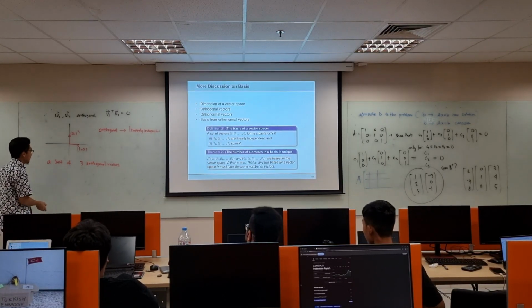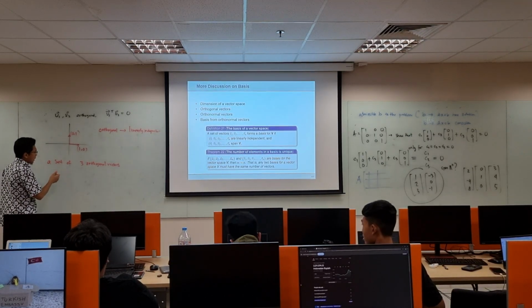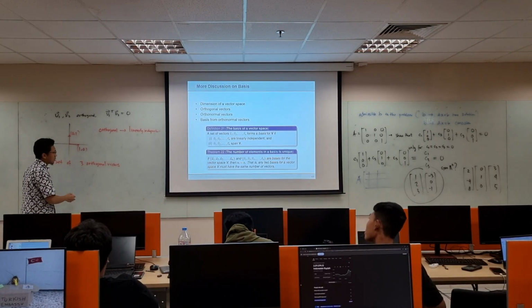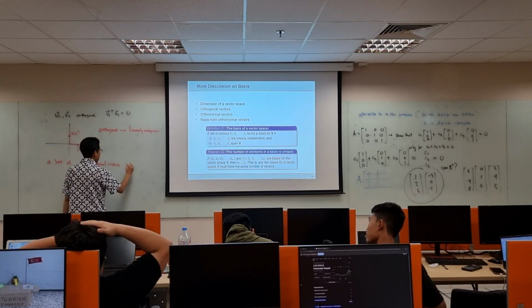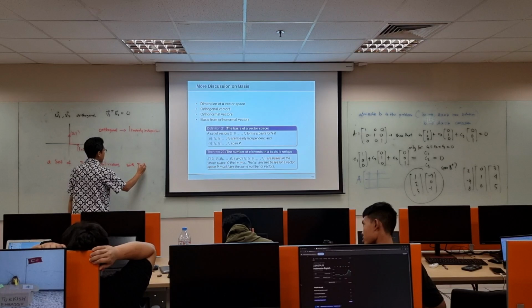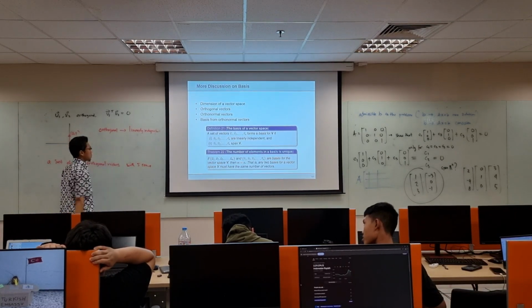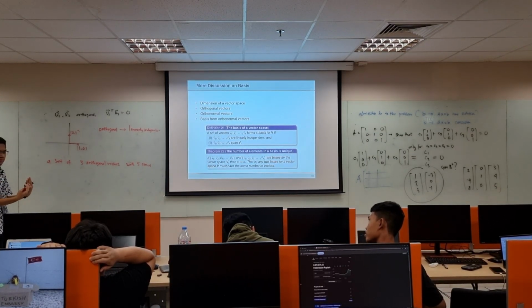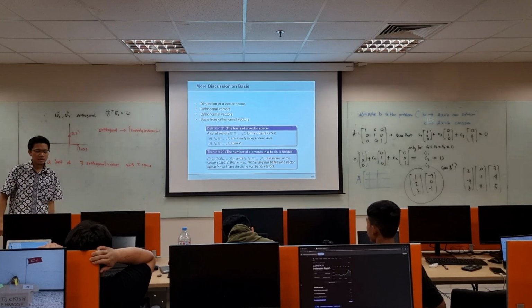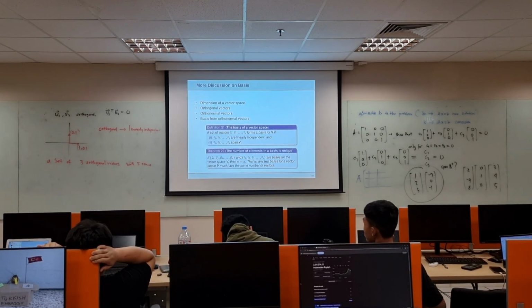What if I say a set of orthogonal vectors with 5 rows? The row is 5, but I have only 3 vectors, but it has 5 rows. Does it span R5?